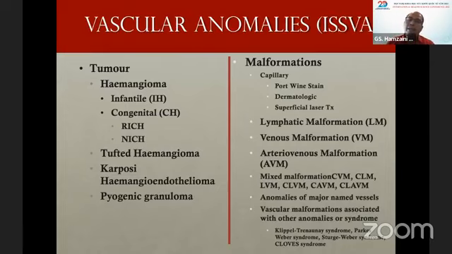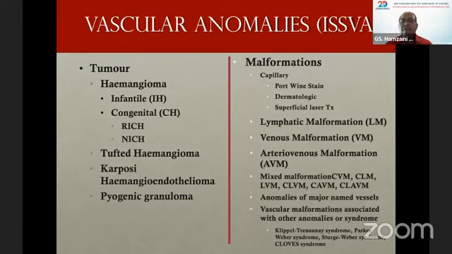The main vascular malformations that we see frequently are lymphatic malformation, venous malformation, and arteriovenous malformation. And sometimes patients present with mixed malformation, for example, capillary venous malformation, capillary lymphatic malformation, lymphatic venous malformation, capillary lymphatic venous malformation, capillary arteriovenous malformation, and capillary lymphatic AV malformation.